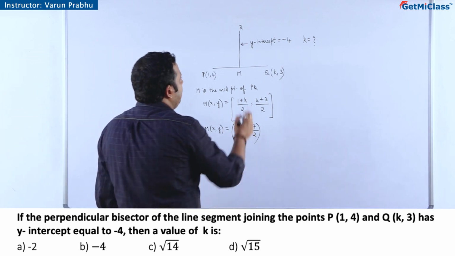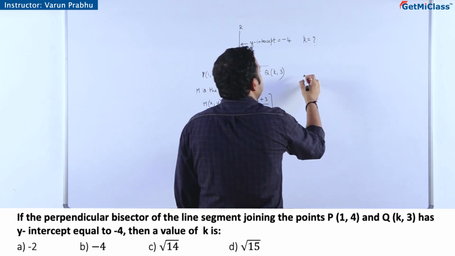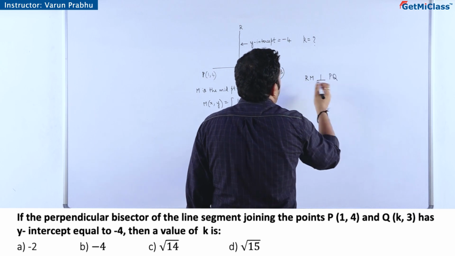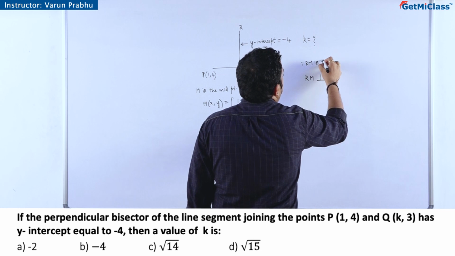Now if you see, perpendicular bisector means RM is perpendicular to PQ, correct or not?